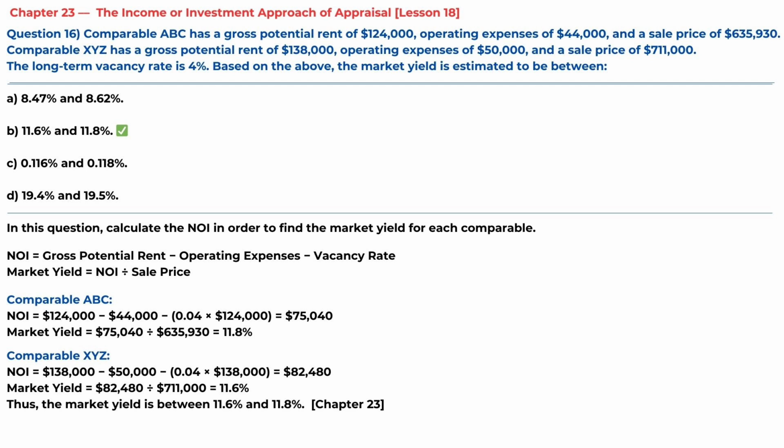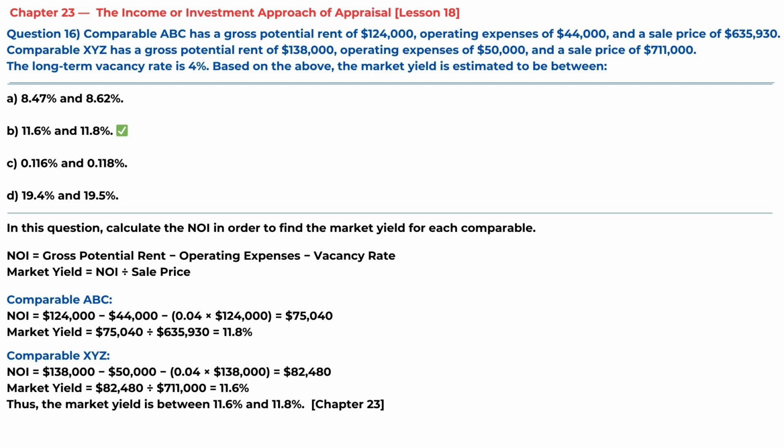Comparable ABC. Net operating income equals $124,000 minus $44,000 minus 0.04 times $124,000, which equals $75,040. Market yield equals $75,040 divided by $635,930, which equals 11.8%. Comparable XYZ.